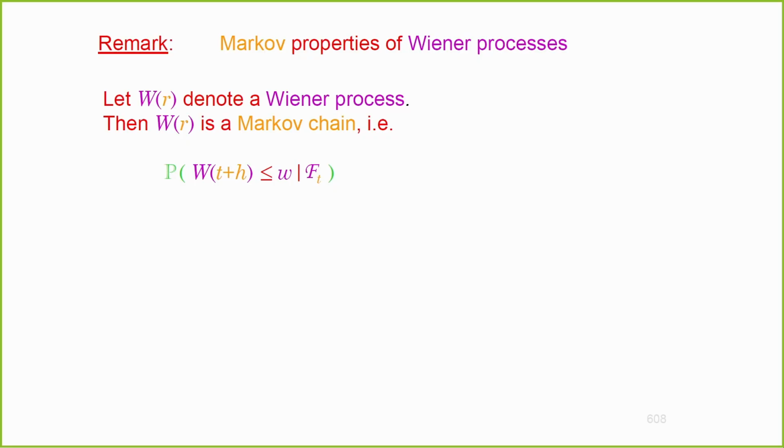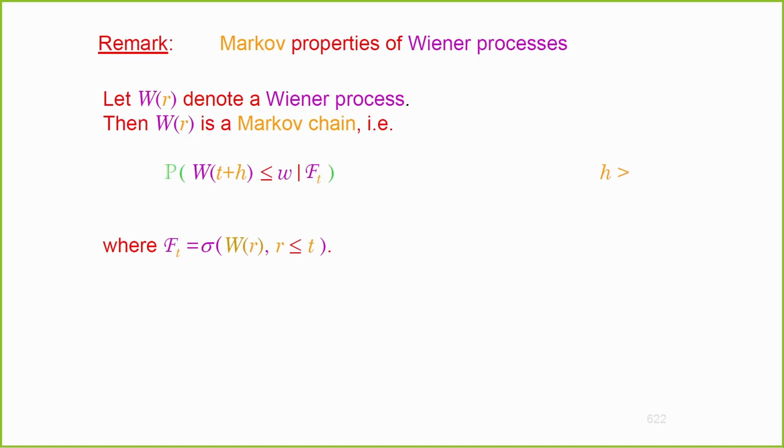Okay, so this is the cumulative distribution function at point w of the Wiener process at time point t plus h given the past. So this is the conditional distribution. Again, I'm going to tell what this is: this is the sigma algebra generated by the past of the Wiener process.